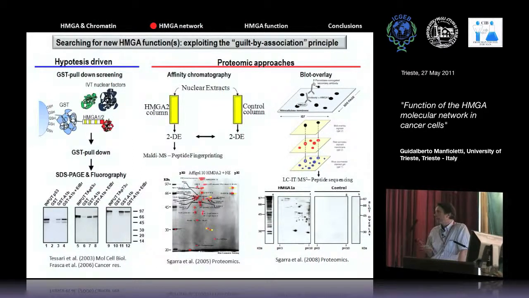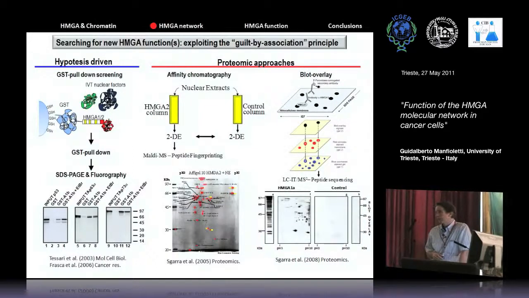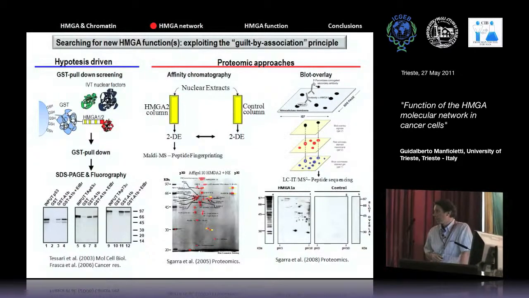And we identified different proteins. For example, one reported here is p53. What we demonstrated was that HMGA1 was able to bind the entire family of p53 members, and this impaired the function of p53 in thyroid tumor cells.